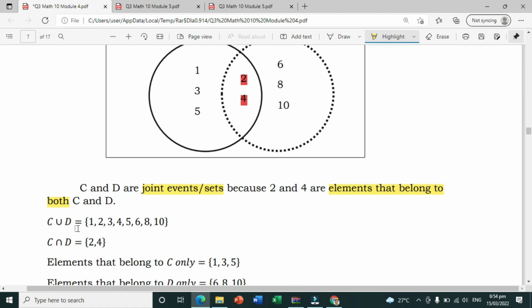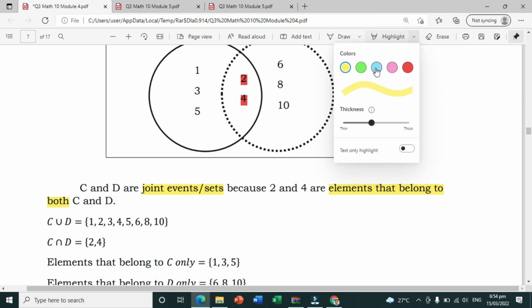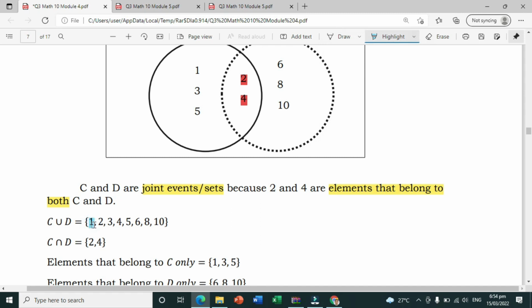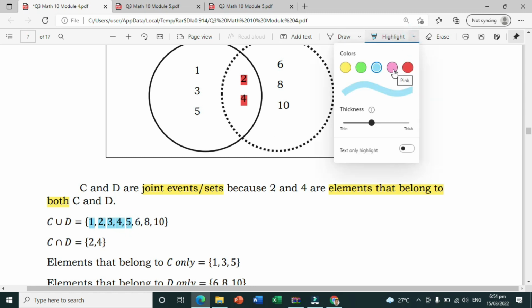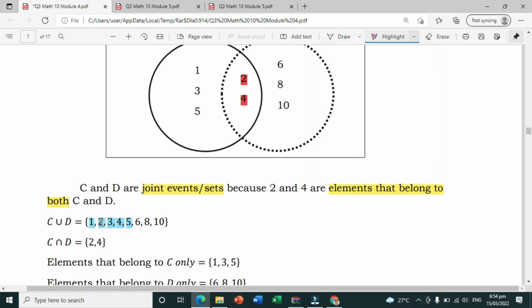So, C union D. So, syempre, ang kay C dito are 1, 2, 3, 4, 5. While ang kay D naman dito are 2, 4, 6, 8, 10.